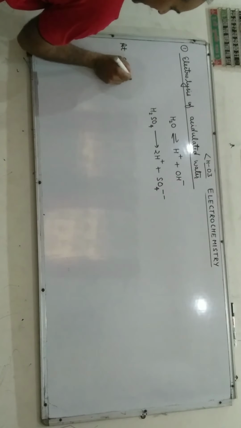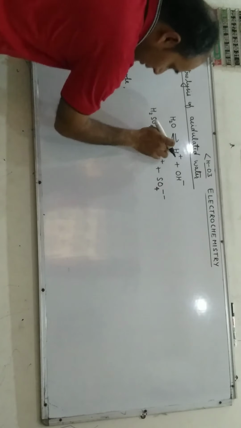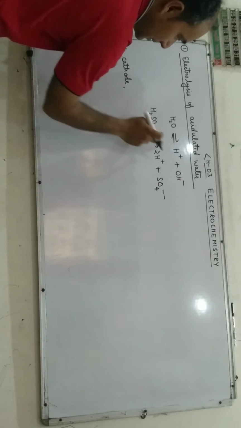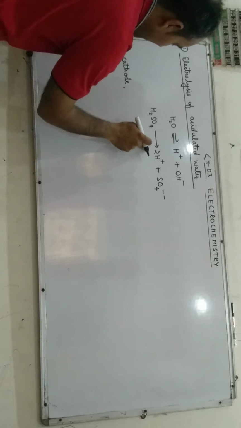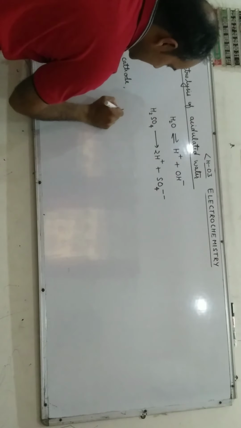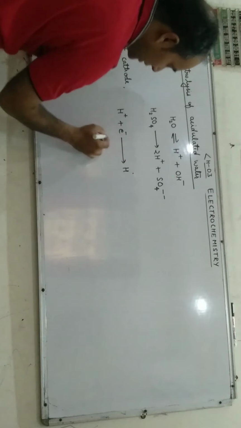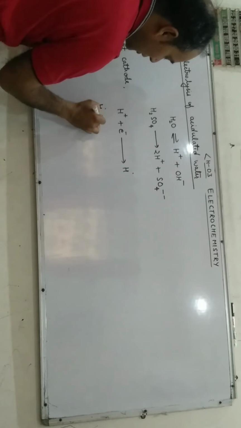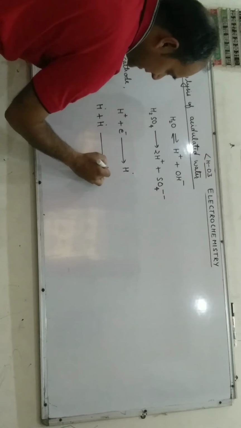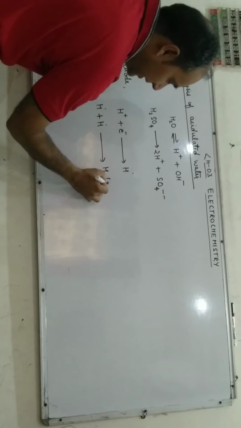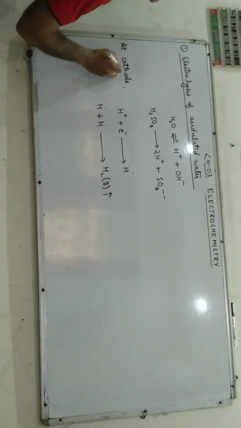First we consider the example of cathode. At the cathode H positive ions move toward the cathode; thus H positive on gaining one electron gives H dot, that is a free radical. H dot plus H dot combine to form H2, that is hydrogen is liberated at the cathode.